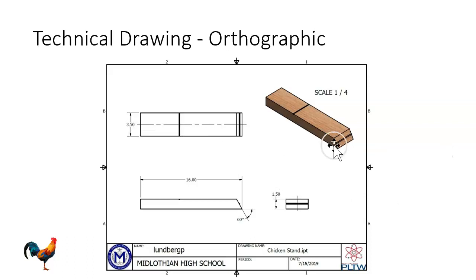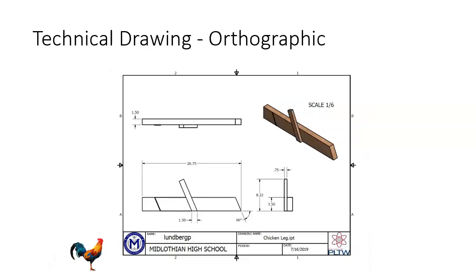Just do a few basics like the width, the height, the depth, maybe important angles. The 60-degree angle was very important to our design, so we kept that in there. But just do screenshots of your orthographics. Remember, it's top, front, and right. So this is your front view, top and then right, and then the isometric on there that's also shaded.